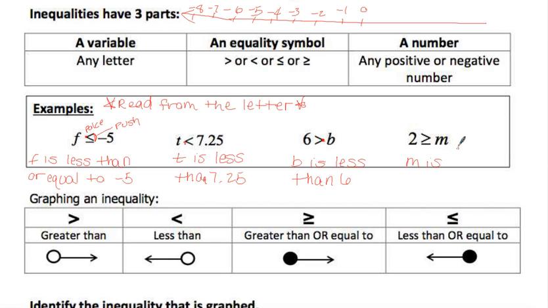M is, it has the little side, so it's less than, but it also has half of an equal sign because an equal sign has double bars. So it's less than or equal to 2. So if we go back to our number line, it can be 2 because it's equal to 2. So it could be 2, but it could also be all the numbers less that would fit into that inequality space.